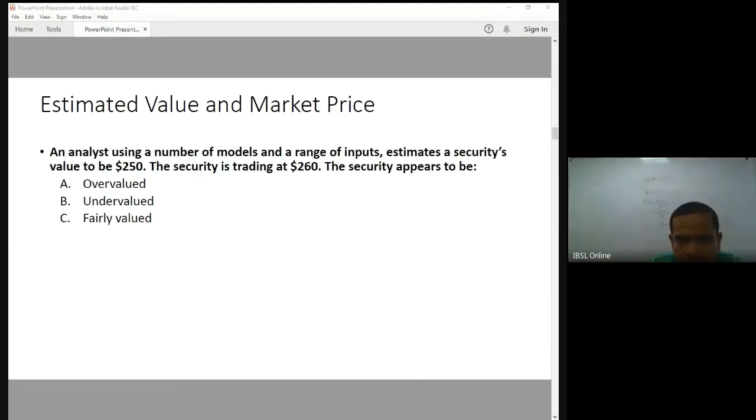So it is overvalued, right? Because the price is more than the intrinsic value. Any questions? Yes, it is overvalued. Good.